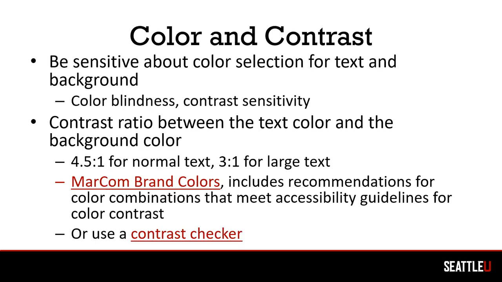Or you can use a contrast checker, and I've got one linked here. We'll share the slides later. With that contrast checker, you can just type in the hex code for the text color, type in the hex code for the background color, and it will tell you right away whether this meets accessibility standards. So you want to make sure you're really careful about color and contrast when you're creating graphics or when you're adding text to videos and things like that.